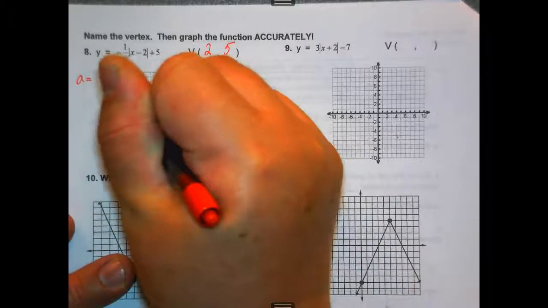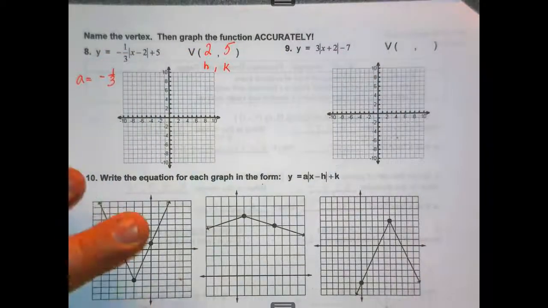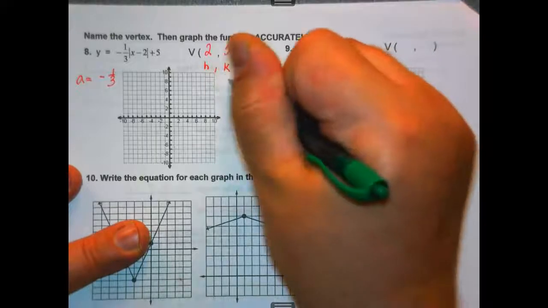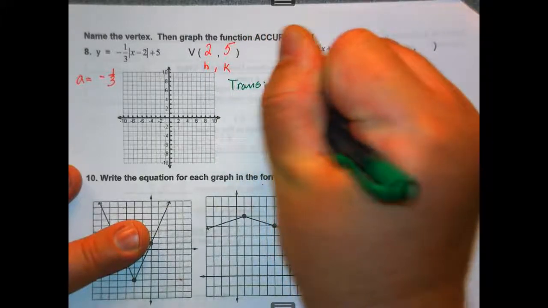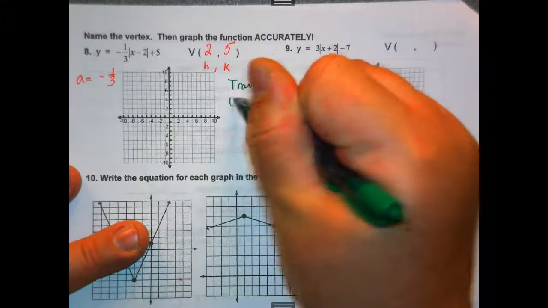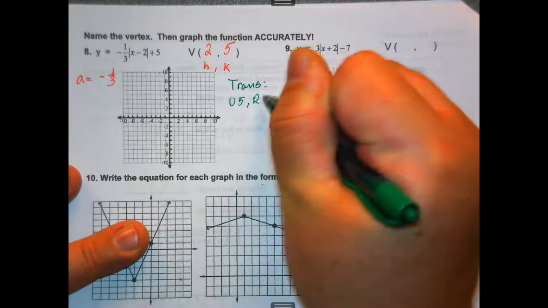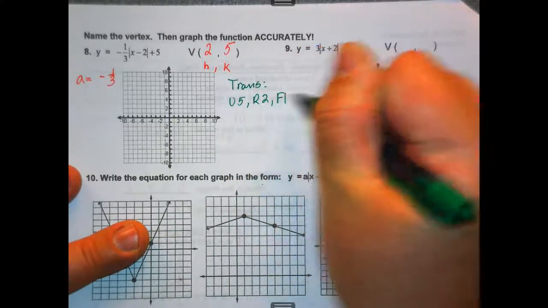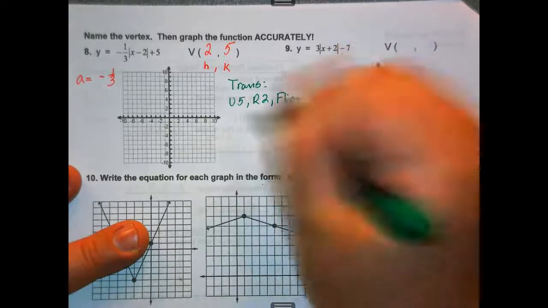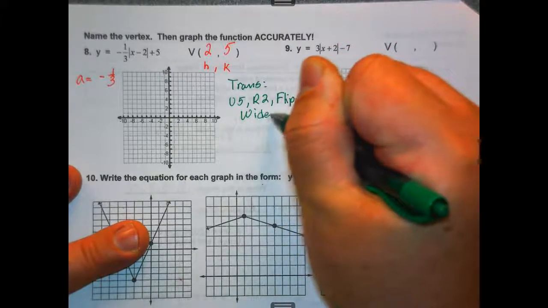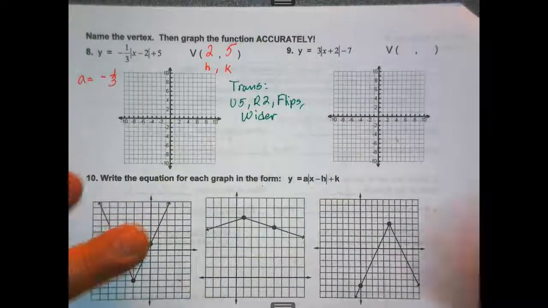Negative 1/3, right? What are my transformations here? Up 5, right 2, flips and gets wider. Fantastic.